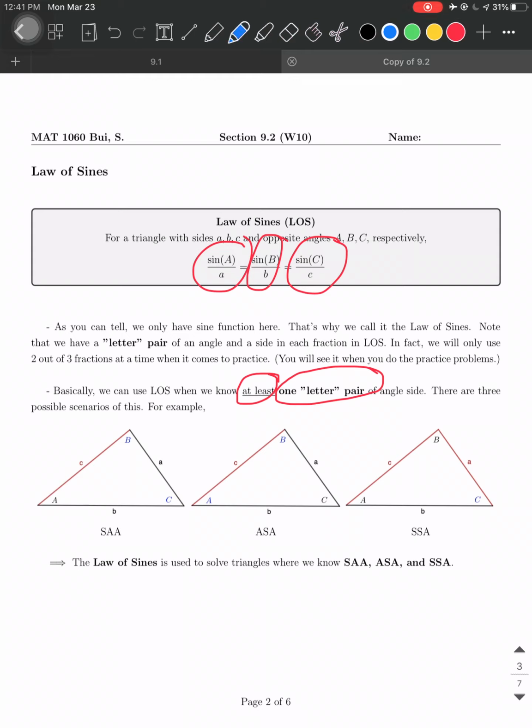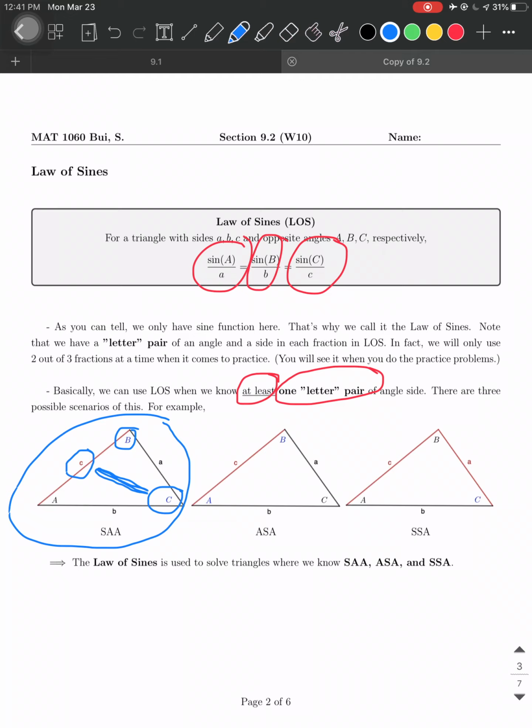The first scenario, let me put it in blue, is this one. What if the problem gives us side c, angle B, and angle C? At first glance, you notice that we have one pair of letter C's here. We know the angle C, and we also know the side length c. So what can we use here?